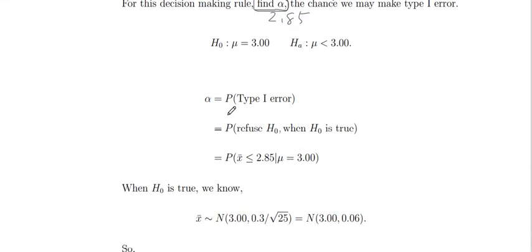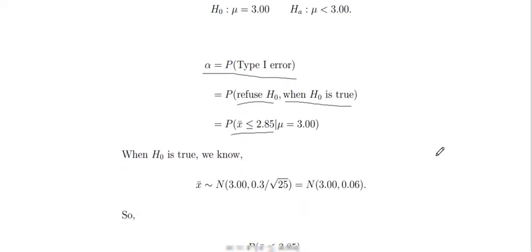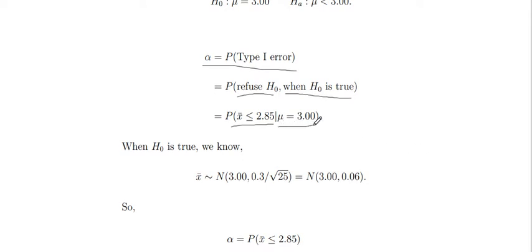Okay, so now let's consider the problem. So find alpha. Alpha is the type 1 error. So what is type 1 error? We just remember: reject H0 when H0 is true. So we reject when x bar is less than 2.85. When H0 is true, we put mu equals 3.00.